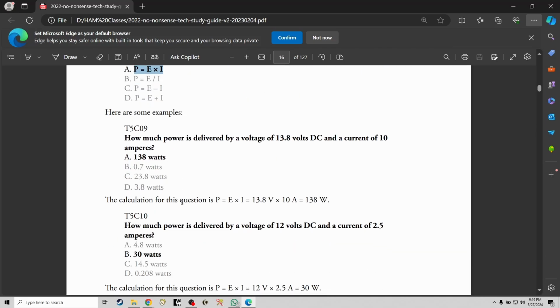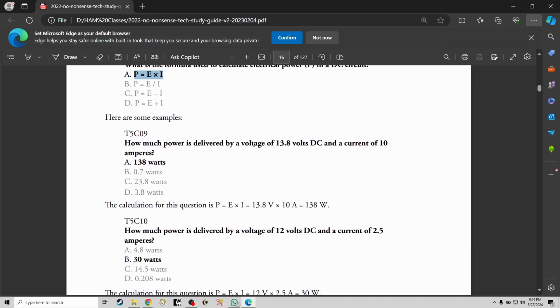Some examples. So we got 13.8 volts of DC and a current of 10 amps. 13.8 times 10 will give you 138 watts of energy coming out of this particular example.